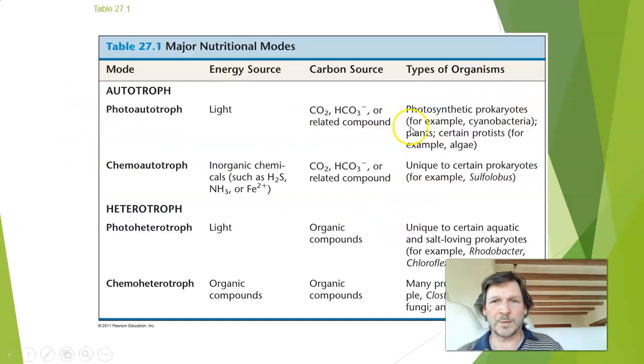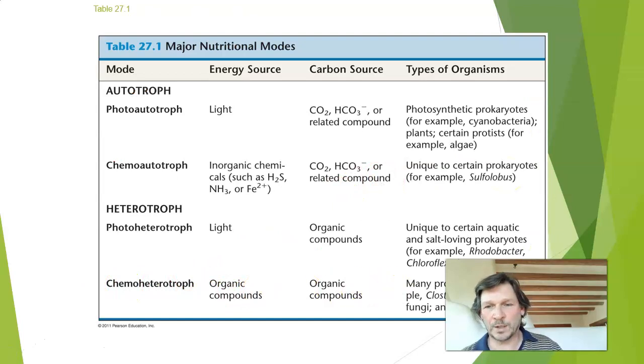So here's a nice example. This would be a photoautotroph using light. Carbon source is usually carbon dioxide. Bicarbonate is how it's dissolved in water, so the ones in the ocean will be using that. And so there will be plants, but an example for prokaryotes would be cyanobacteria. Chemoautotrophs are those deep sea vent bacteria, right?